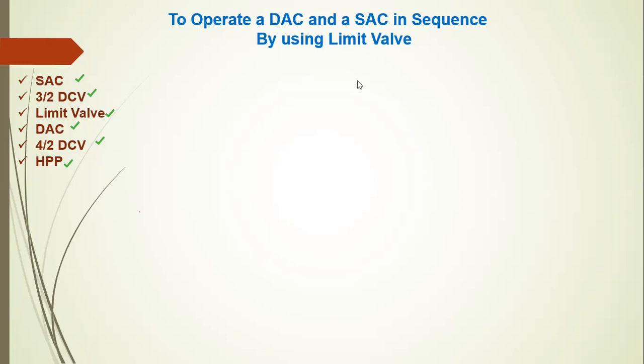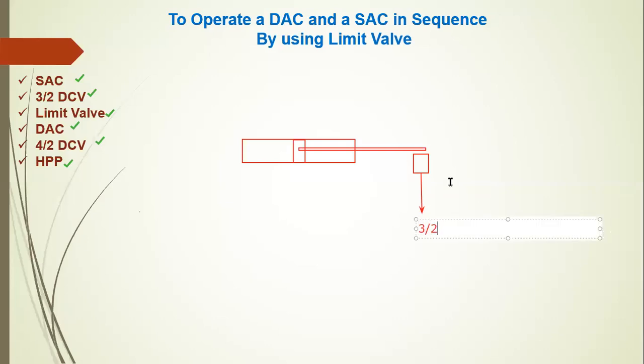First we operate the double acting cylinder, then this cylinder operates the limiting valve, and the limiting valve passes a signal to the 3 by 2 valve. The 3 by 2 valve operates, and then the single acting cylinder operates. This is the basic fundamental requirement for the circuit drawing.